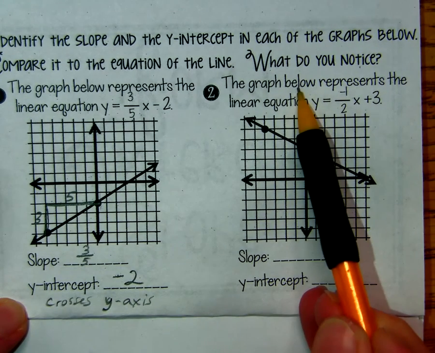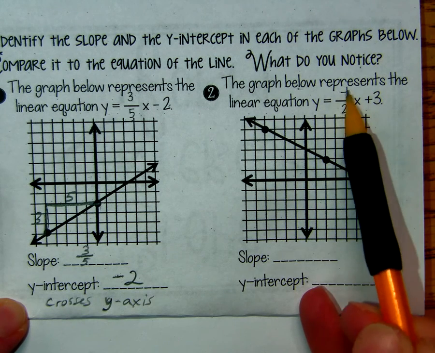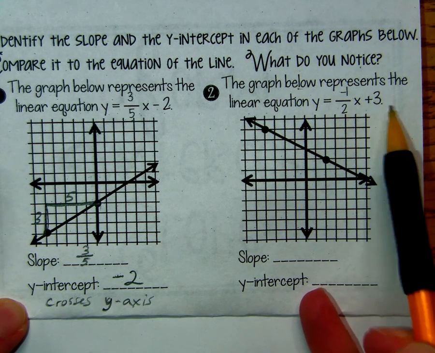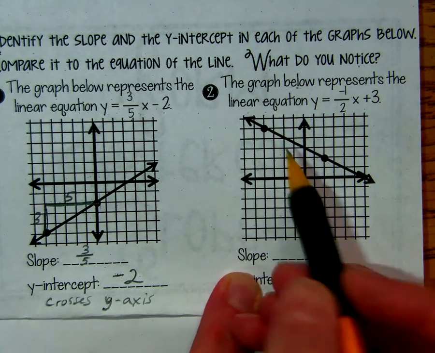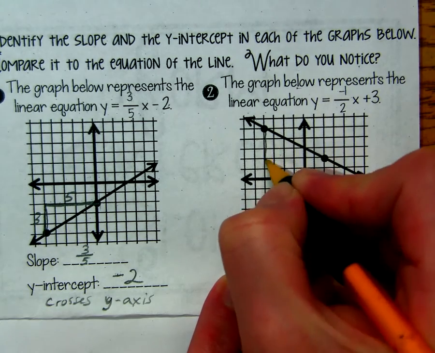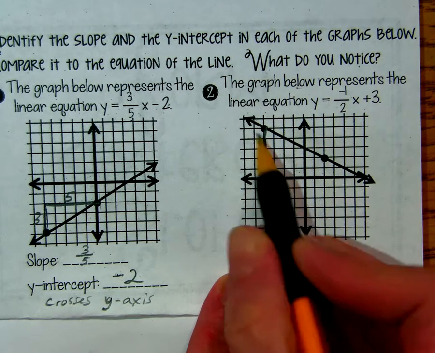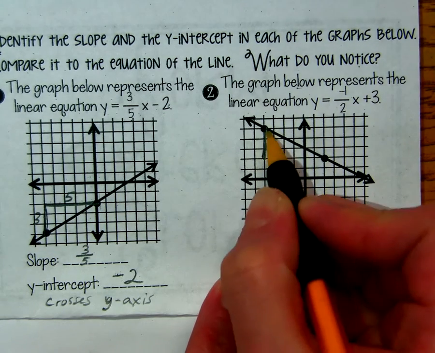The graph below represents the linear equation y equals -1/2 x plus 3. So if we're looking at the 2 points they give us to do slope, these will be going down. Notice the line is going down, and so it looks like it's going down 3.